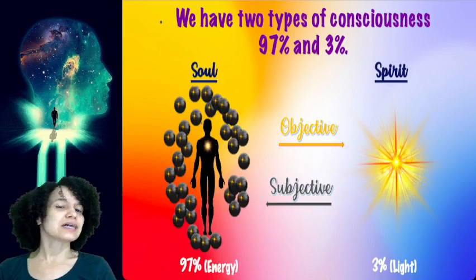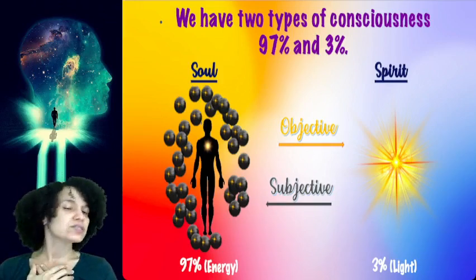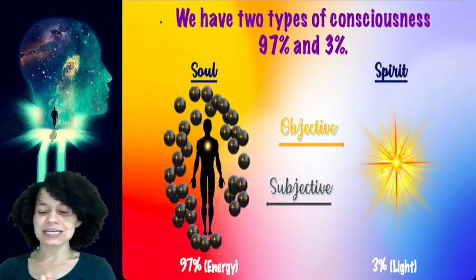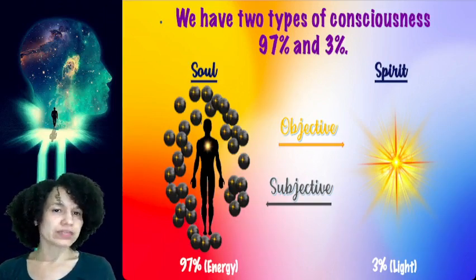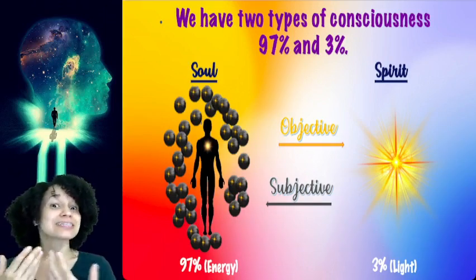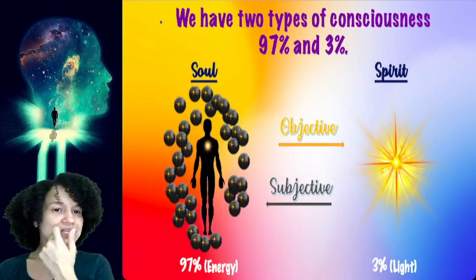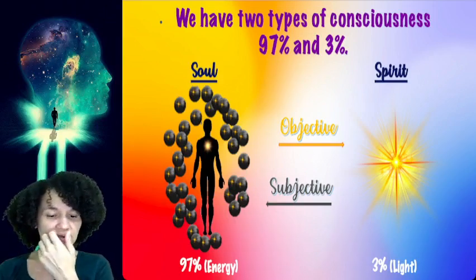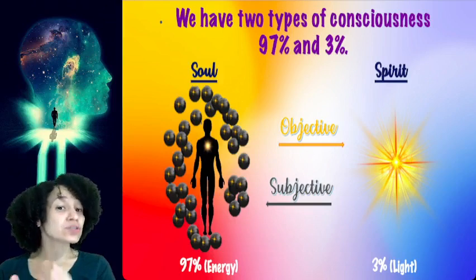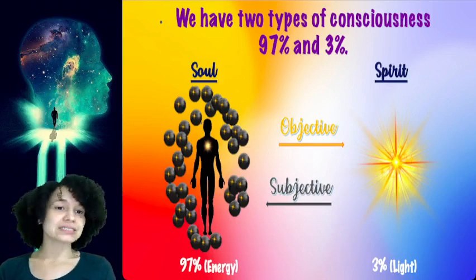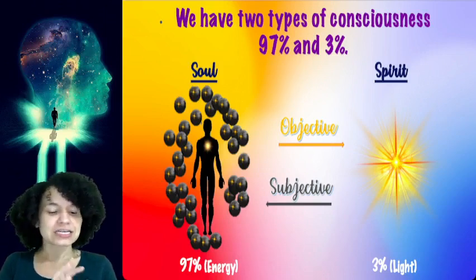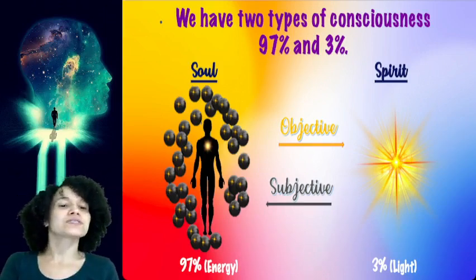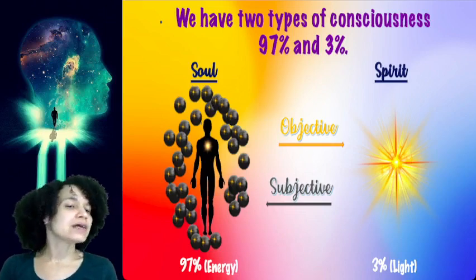And it is, as I was saying, the divine part in each one of us. And since it is not conditioned by the ego, it is self-aware, it is objective, it is wisdom, it is light, it is love. While the 97% of our essence makes up our soul. And it is all the essence and all the energy that is subjective. Since it is subjected, it is trapped and conditioned by the ego.